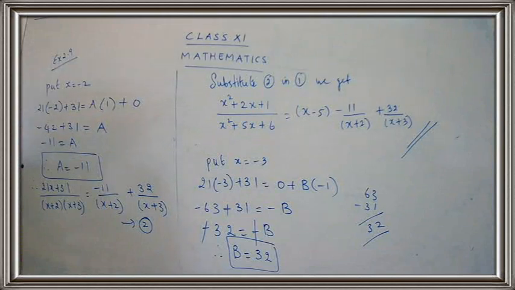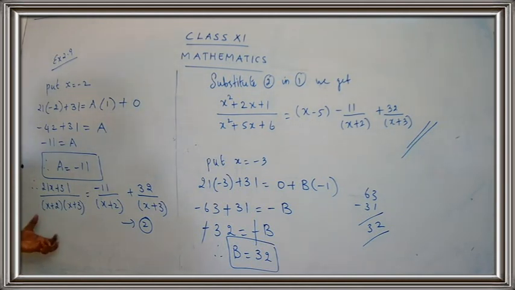I hope you are clear with the third type of partial fractions. Here we dealt with the degrees. Yes. For sum number 7 and sum number 8, we dealt with the degrees of the numerator and the denominator. We divided the numerator with denominator. Then we changed into a certain format. And after changing into certain format, we just tried to factorize the denominator part.